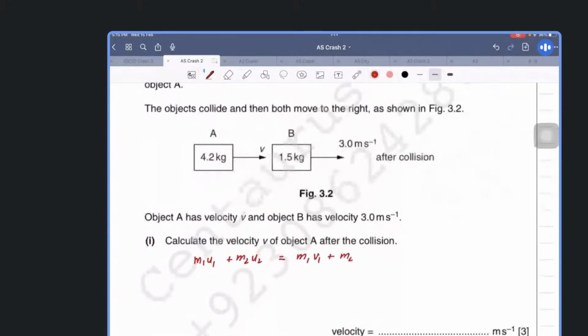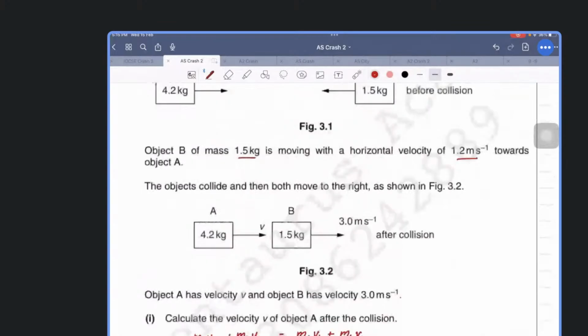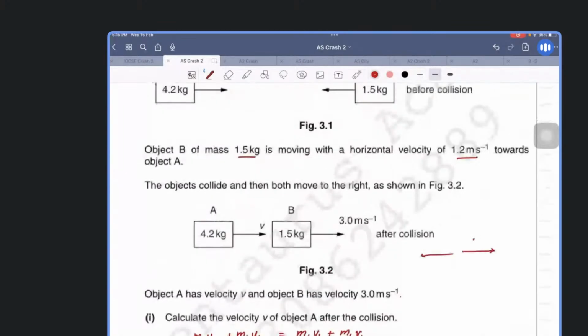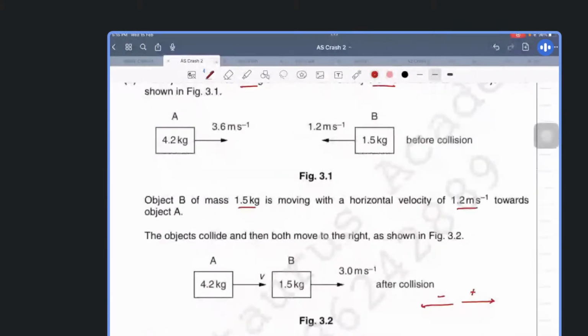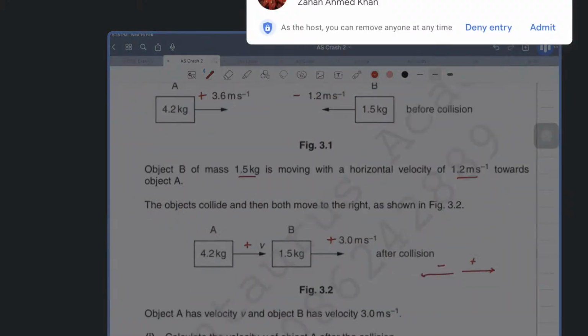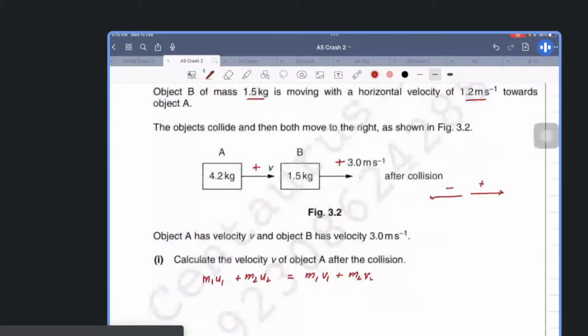We're gonna assign the directions. Let's suppose we're taking right side as positive and left side as negative. So we're gonna take this as positive, take this as negative, take this as positive, and this will be positive as well because they have given it already. Okay. So then what we're going to do is we're going to add them.